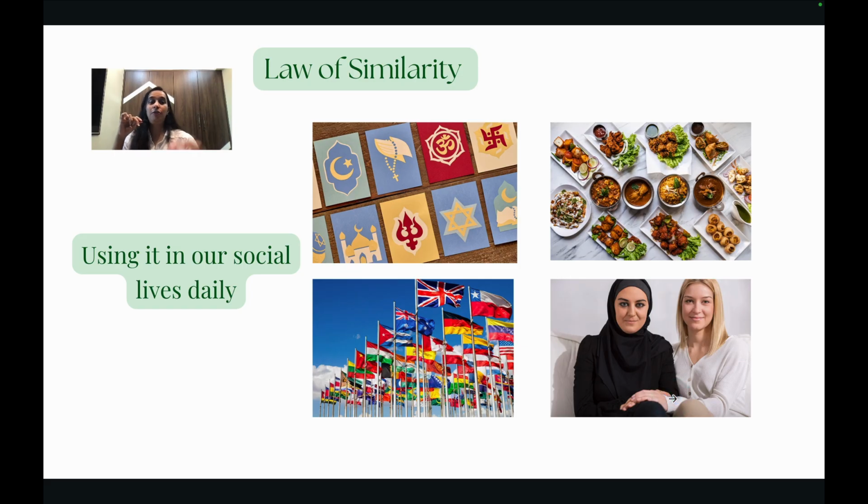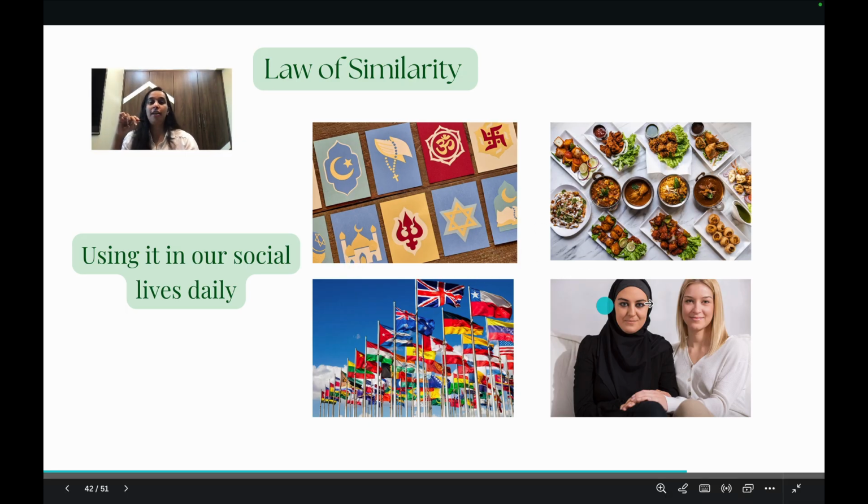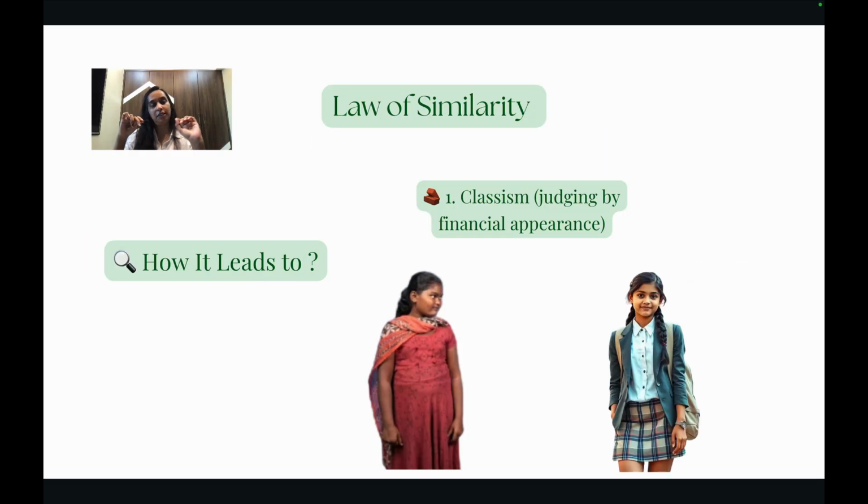Now, how does the law of similarity show up in our social lives daily? Say in religious practices, in food, in nationalities, or in appearances. The law of similarity can lead us to be classist, that is, judging by financial appearance. To understand this, if there are two girls standing in front of you, and I ask you that someone farted, what is your first thought?